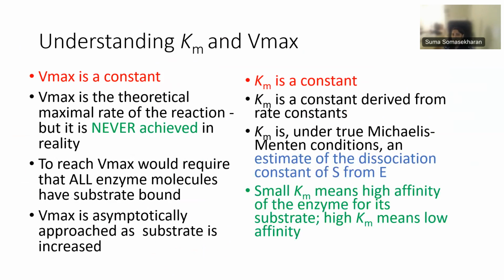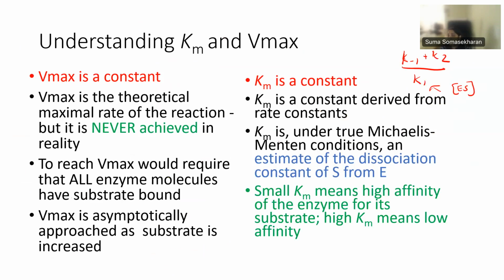Km is also a constant, derived from the rate constants. So what is Km? Km is equal to K minus 1 plus K2 divided by K1. K1 is the rate of formation of the enzyme substrate complex, and K minus 1 plus K2 is the rate of breakdown of that enzyme substrate complex.